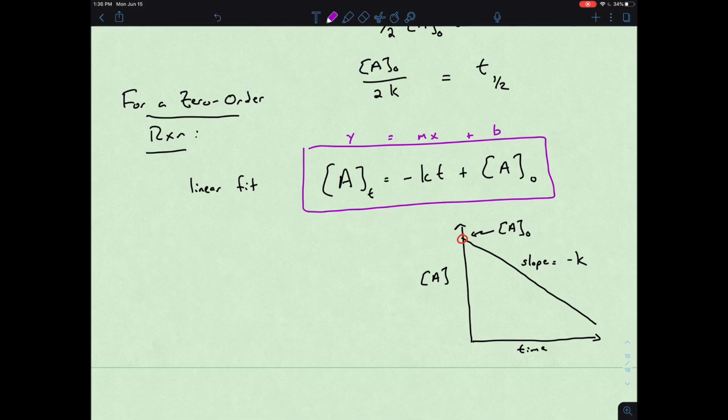And so that's how we can do a simple plot of concentration versus time, and from that we can figure out our rate constant. So we have a linear fit, and then we also have a half-life.